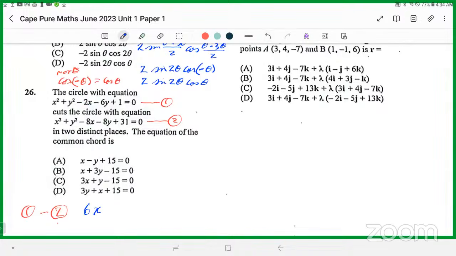Then I'm getting minus 6y minus a negative 8y. That's minus 6y plus 8y. That's plus 2y. Then I'm getting 1 minus 31, that's negative 30.